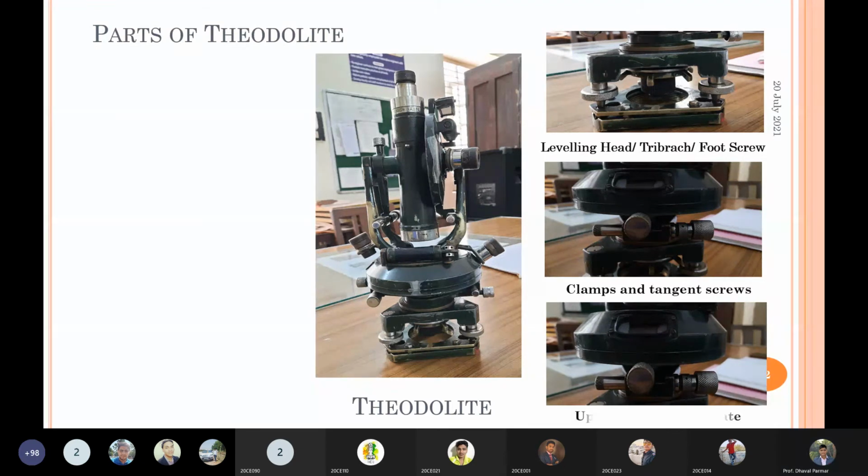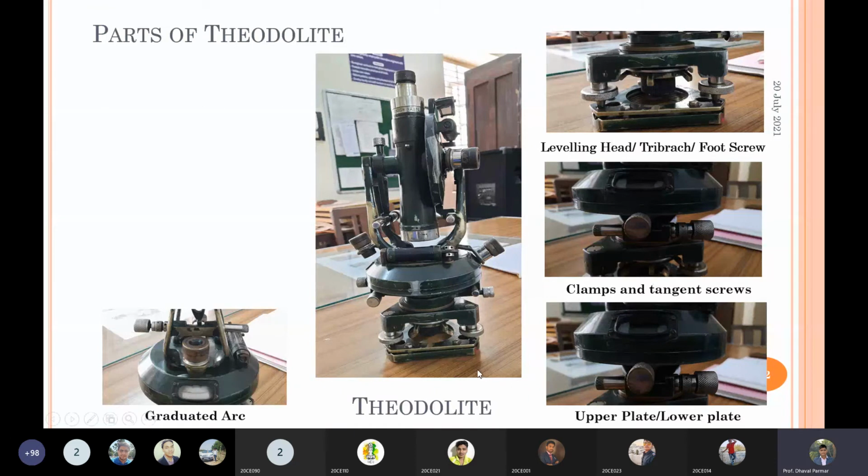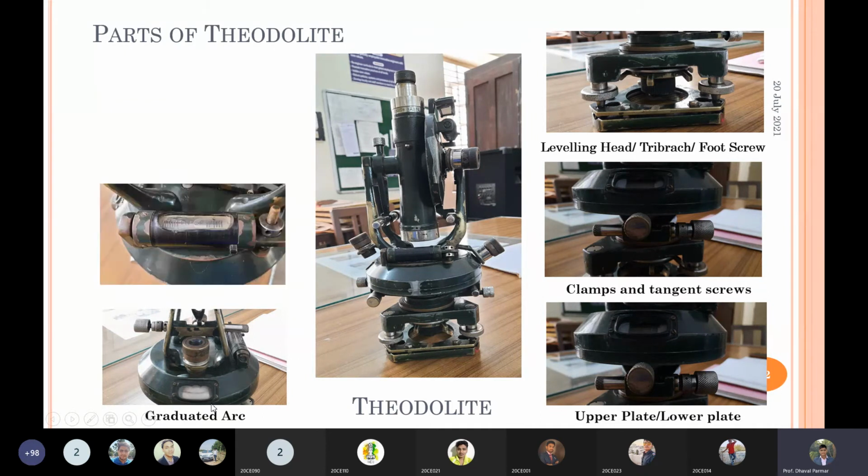Next are the upper plate and the lower plate. Then this one is a graduated arc to measure the reading or observation. This one bisects the reading so you can read it. Then this is the bubble tube or spirit level, or plate level, used to level our instrument. If it is not properly leveled, the reading will not be accurate.